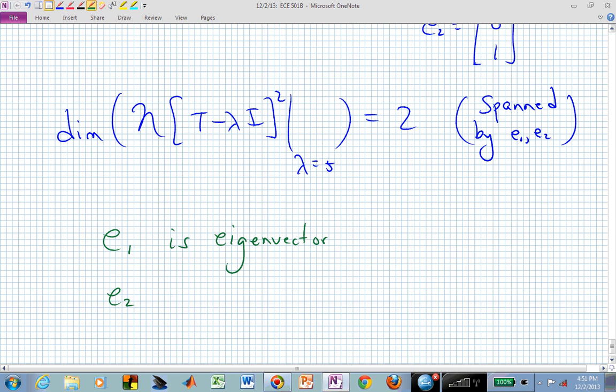E sub 2 is a generalized eigenvector because it came about because of us squaring that T minus lambda I expression.